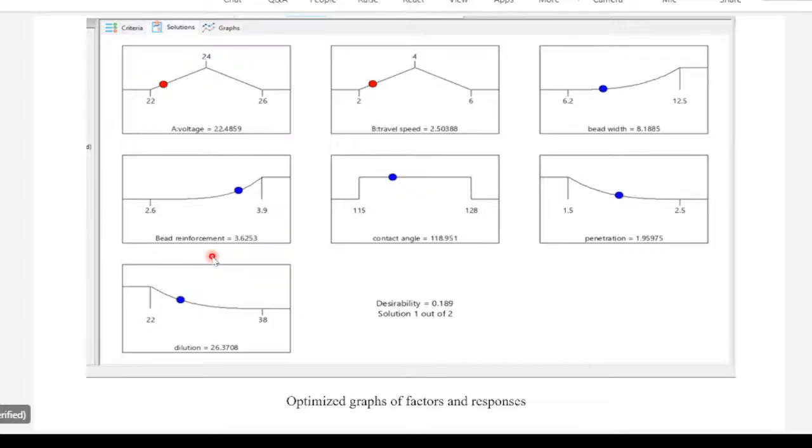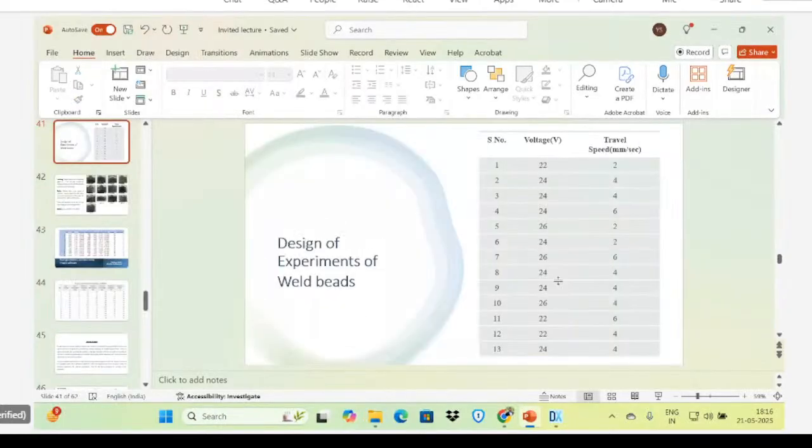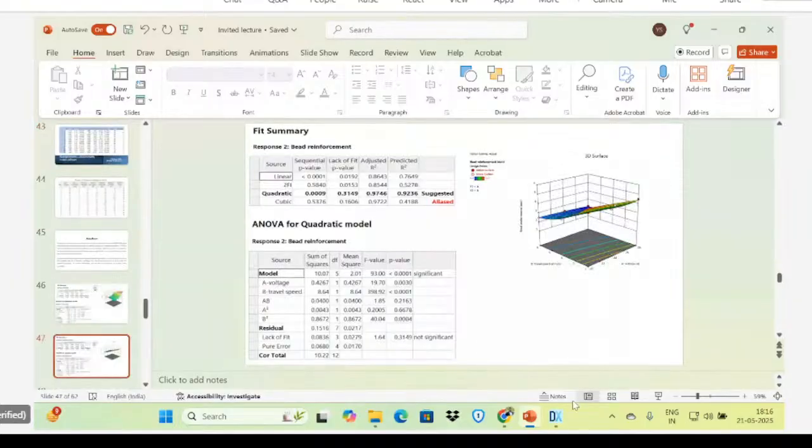I think I've covered all the bead process parameters, the image software, how we can calculate the bead aesthetics, and how we can optimize the process parameters. If any questions are there, I'm here to answer them.